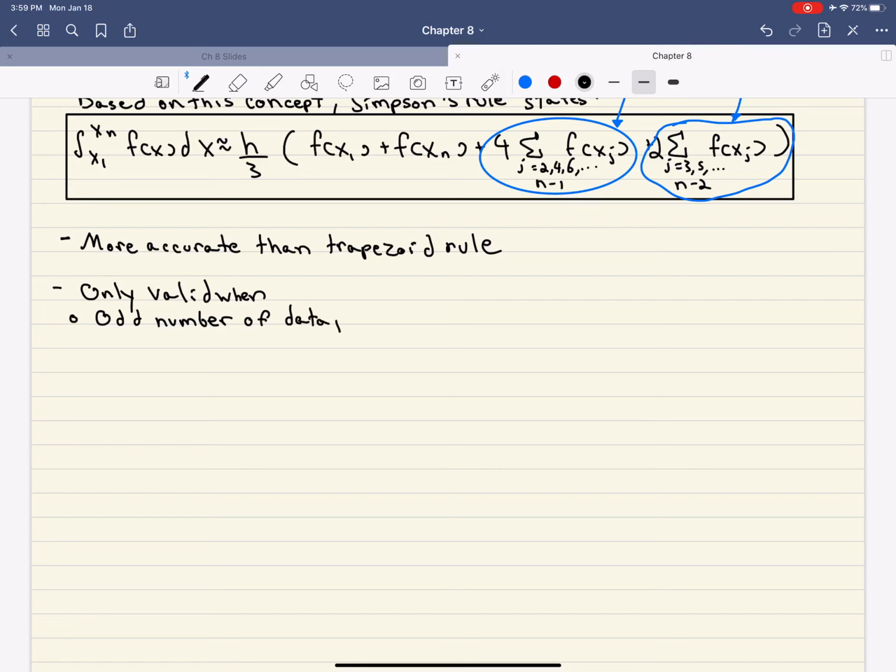Remember, because in order to form that parabola, we need 3 data points in there, right? And then the interval between each of those data points has to be constant, because we're just using one h value. So h is the same.